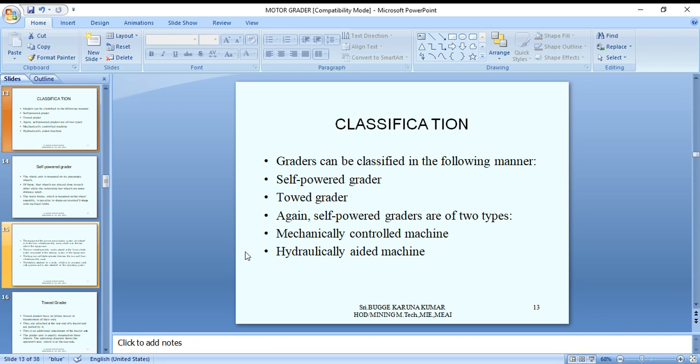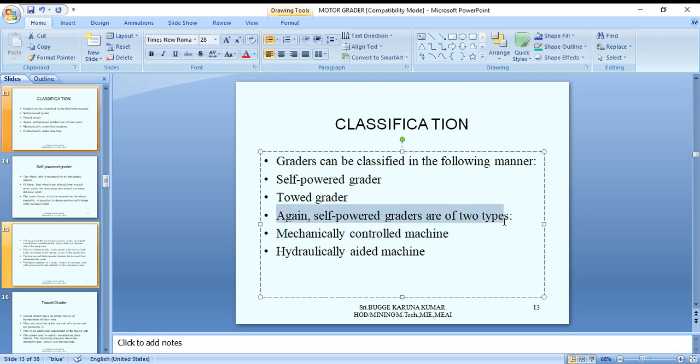Most machines are self-powered graders, but within that there are these two other types. This is the basic idea of the classification and types of road graders.